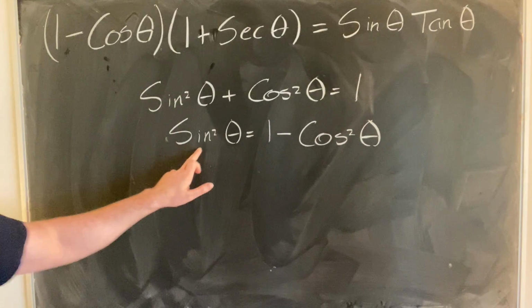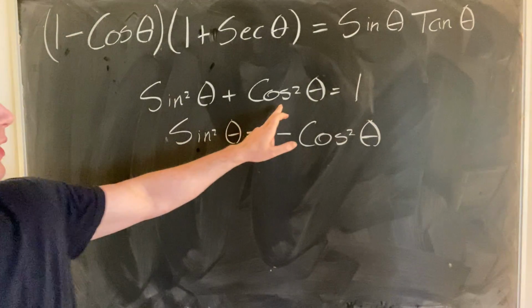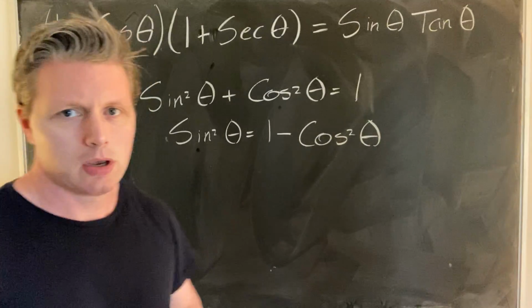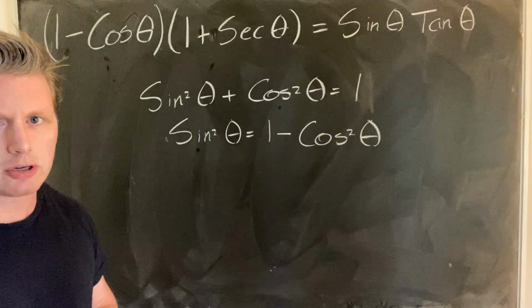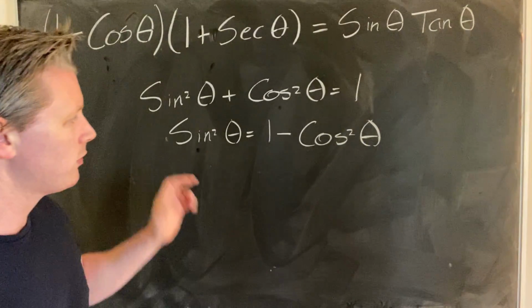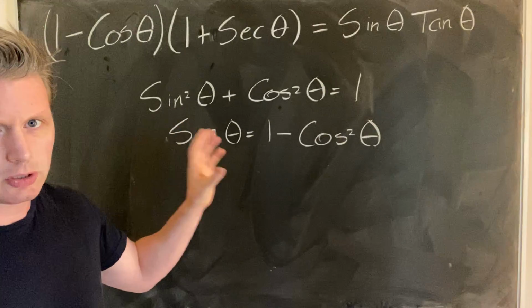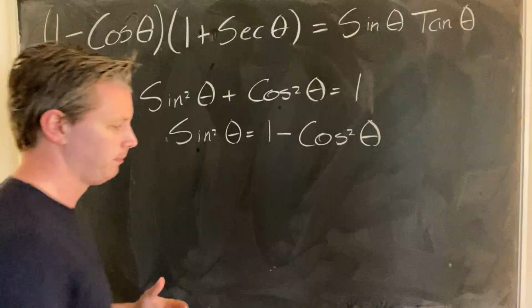Sine squared theta is equal to 1 minus cosine squared theta, or cosine squared theta is 1 minus sine squared theta. But again, these two expressions are completely equivalent. I've just rearranged the furniture, so to speak. Okay, so this is the first trigonometric relationship that is very fundamental that we will use a lot.